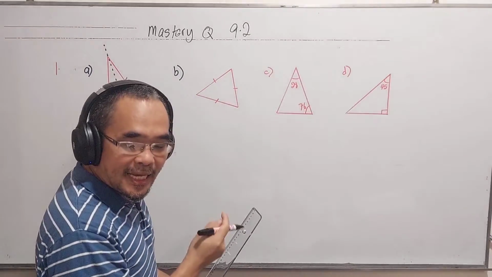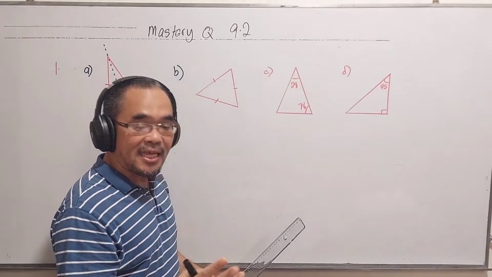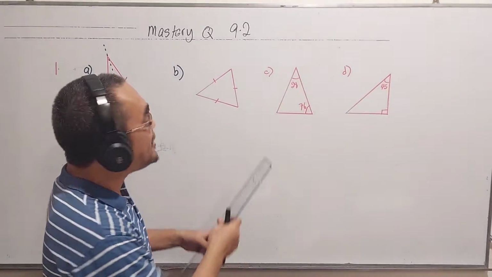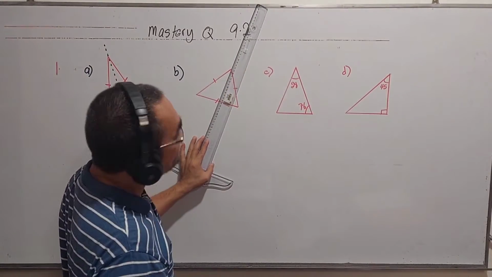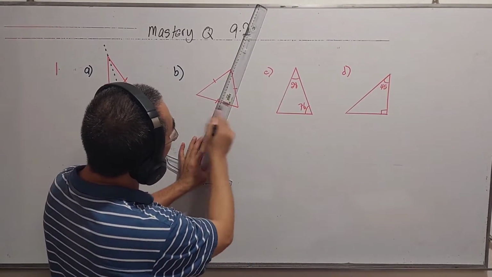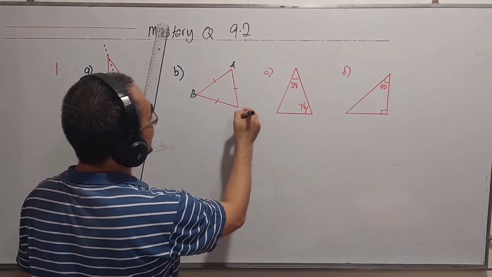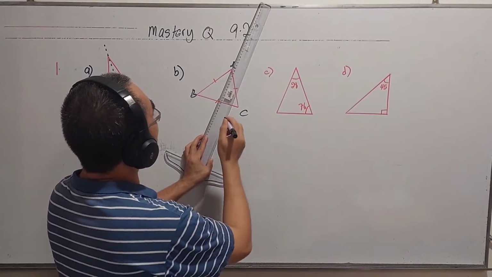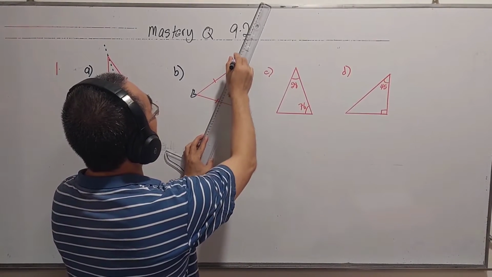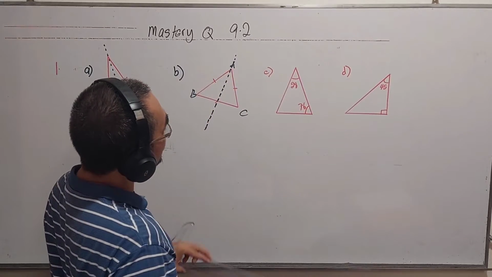If this is really an equilateral triangle, it will have three lines of symmetry. First is along from the vertex to the middle of the opposite side. Let's say I label this A, B, and C. From A to the middle of AC, that is one.